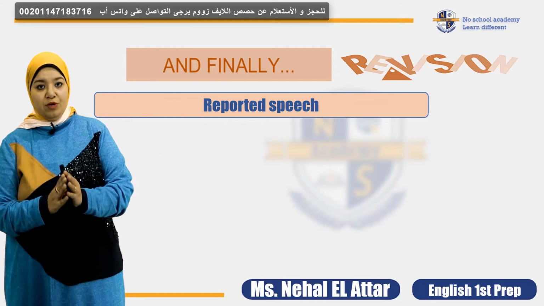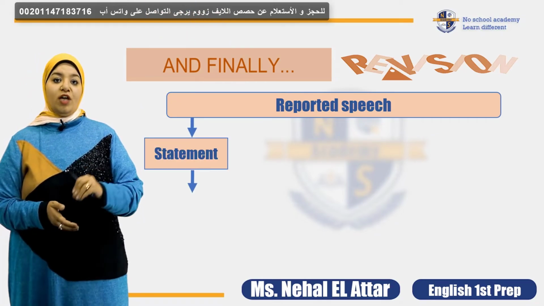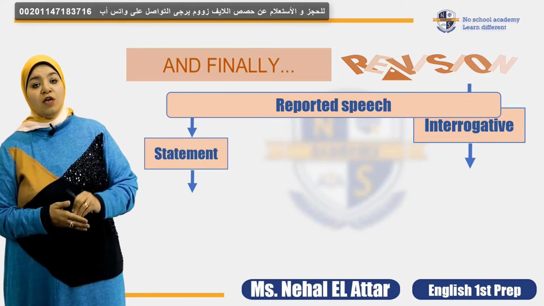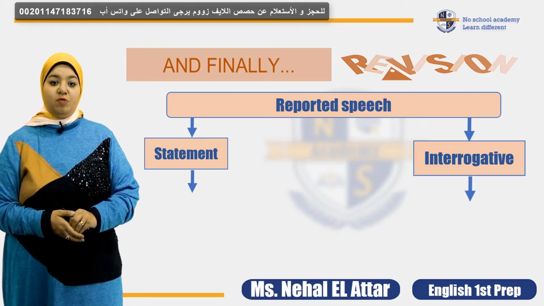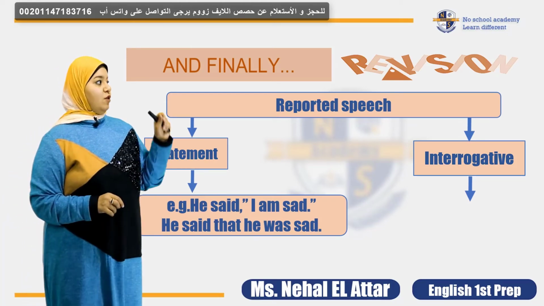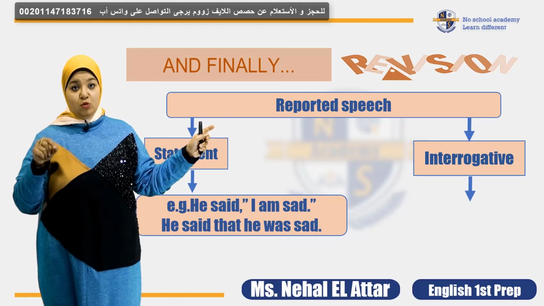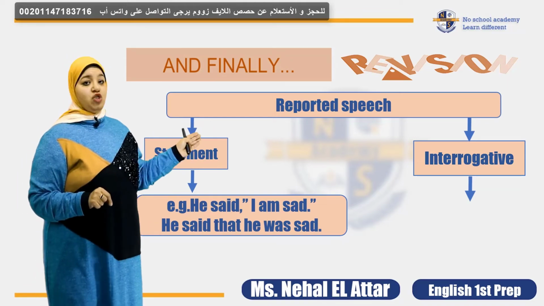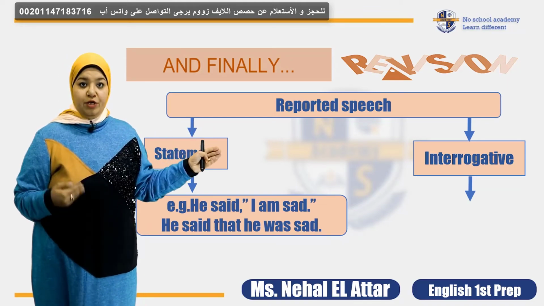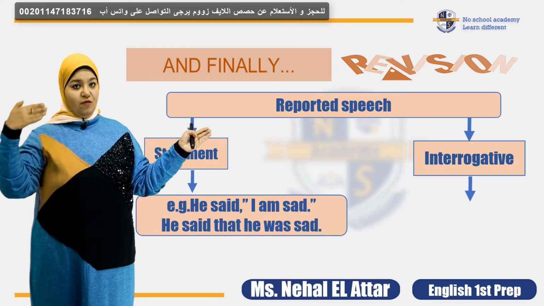Now let's remember what we have taken throughout the whole session. First of all, we talked about reported speech: the form, the tense change, and the statement and interrogative forms. For example, in direct speech, we say the words between speech marks, like this example: he said, "I'm sad." When we want to report this into indirect speech, we say, he said that, and we cancel the speech marks.